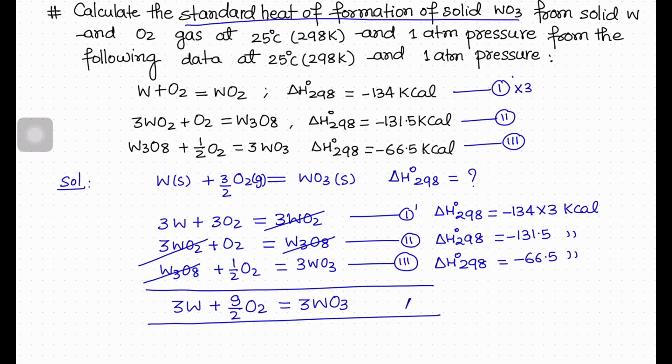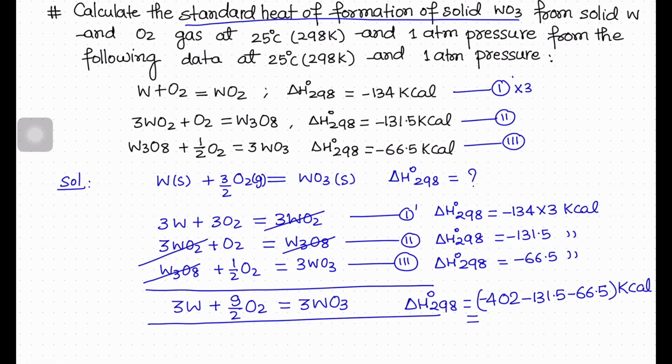So its delta H naught at 298 Kelvin will be the sum of all these. If you just multiply it, you will get 1204 minus 402, minus 131.5 minus 66.5 kilocalorie.